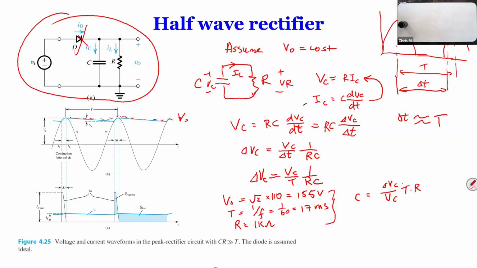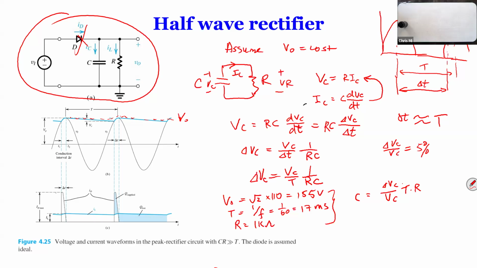So let's say I want the ripple, delta VC over VC, to be within 5%. That is, for 100 volts, 5 volts. So I want the ripple to be within a few volts, 5%.